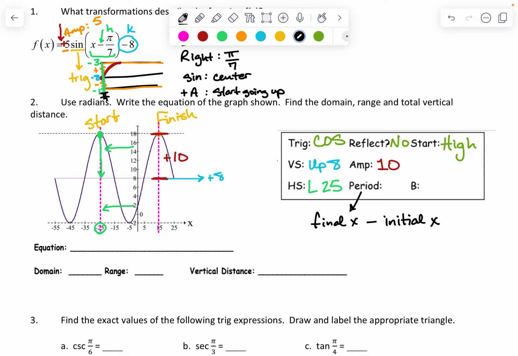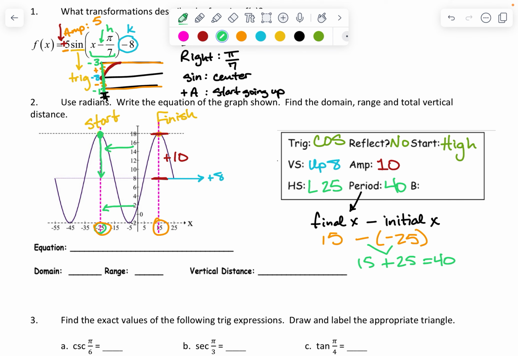Final x minus the initial x. So our final x value here is 15. And our beginning one, like we said, is negative 25. 15 minus negative 25 equals 40. So this wave has a period of 40.